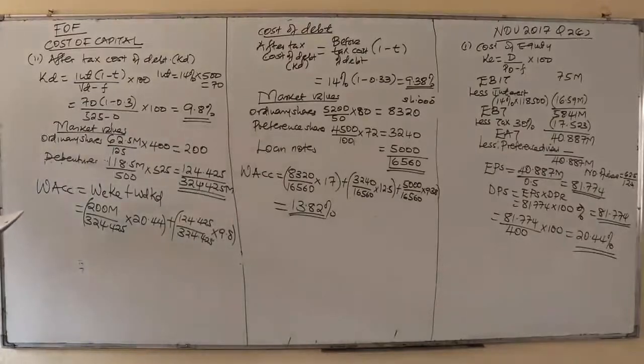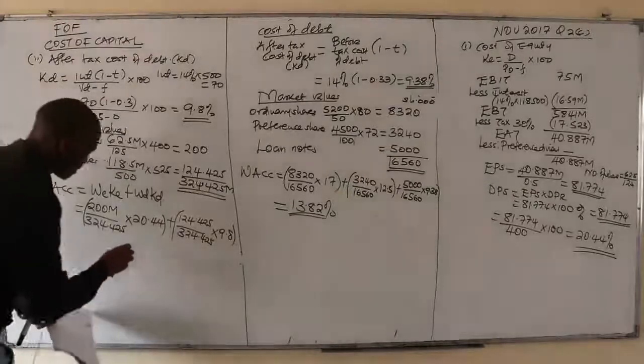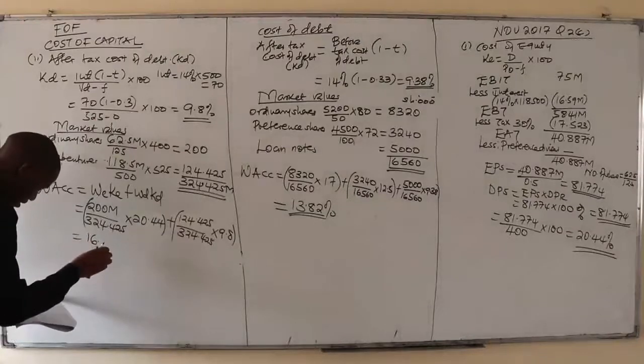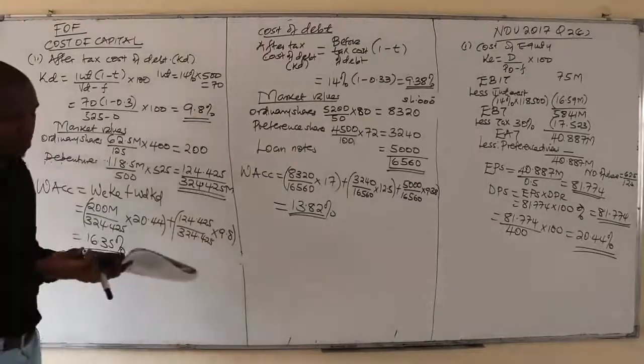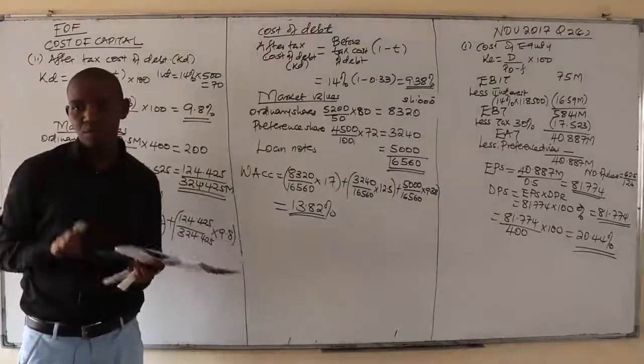So in that case, it will be 200 divided by 324.425 times 20.44 plus 124.425 divided by 324.425 times 9.8, which in that case is 16.35. And that is the weighted cost of capital.